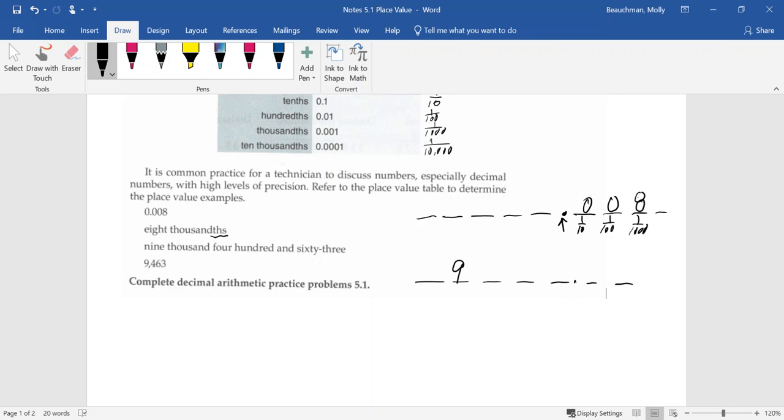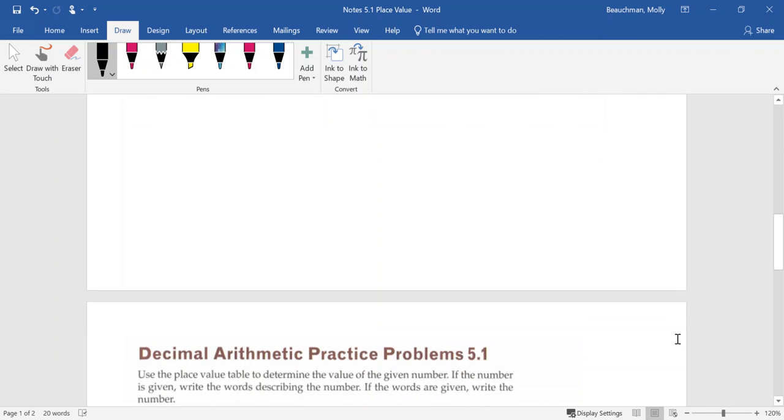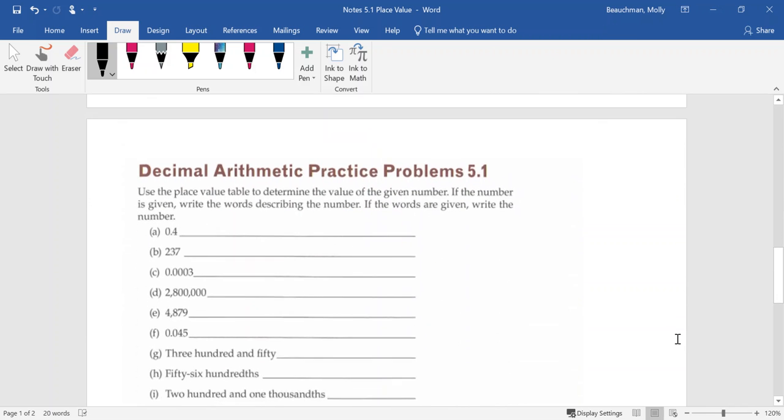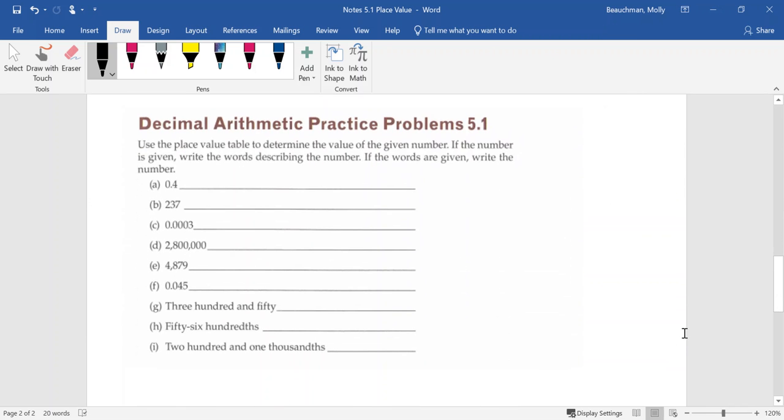So we have 9,000, 4 in the hundreds place, 6 in the tens place, and 3 in the ones place. So that's 9,463. The first part of practice in decimals is just getting used to writing numbers out in words and numbers that are written in words as decimals.